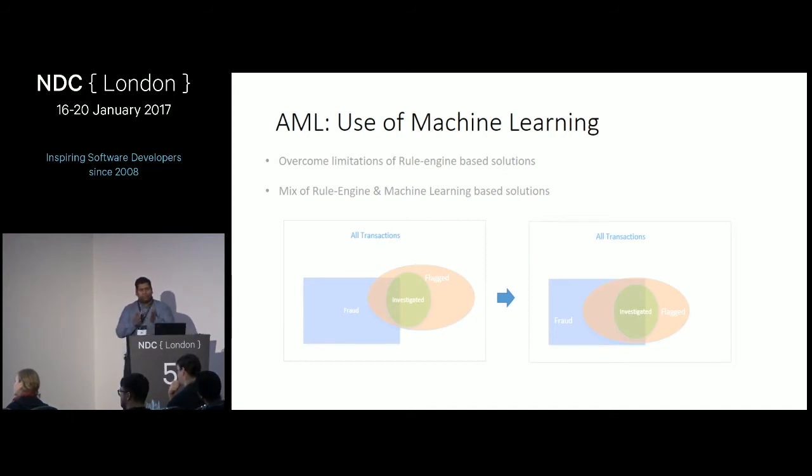So typically in a rule engine-based approach, you have a first come, first serve kind of approach to resolving the issues, whereas with using multiple scoring mechanisms, you could score the same transaction against multiple systems and then get an aggregate risk score that will help better prioritize your AML transactions.